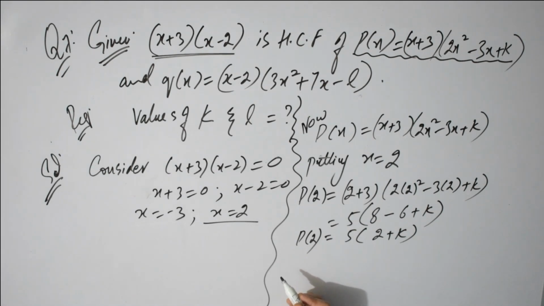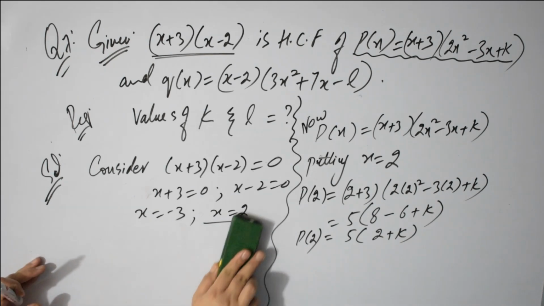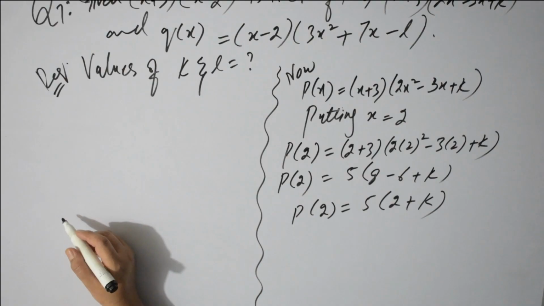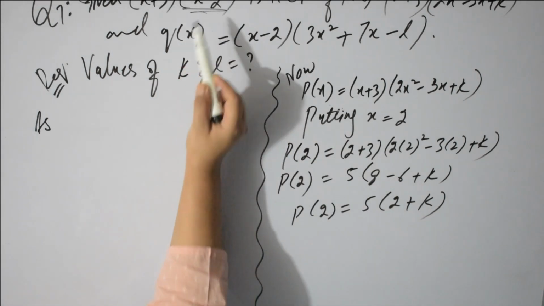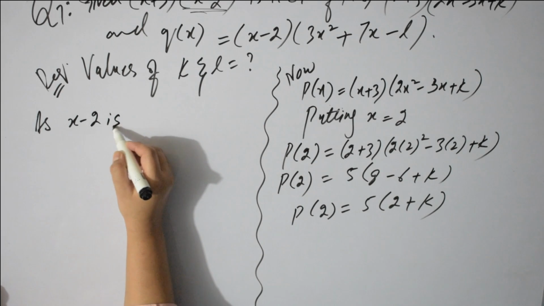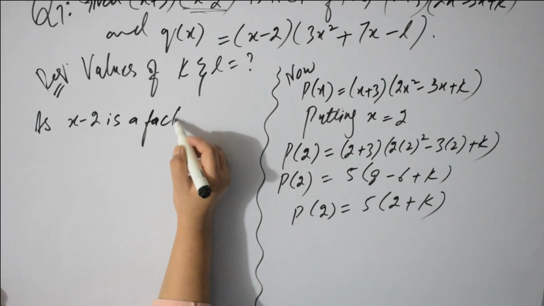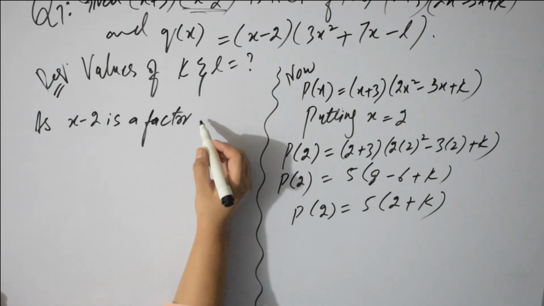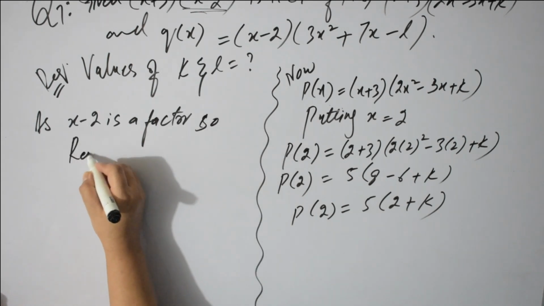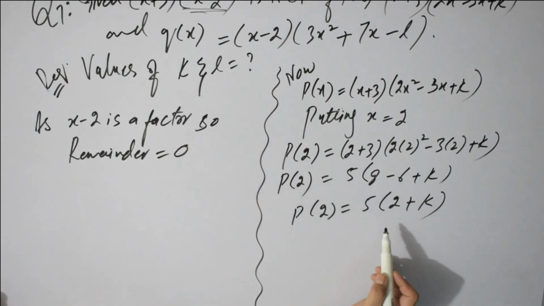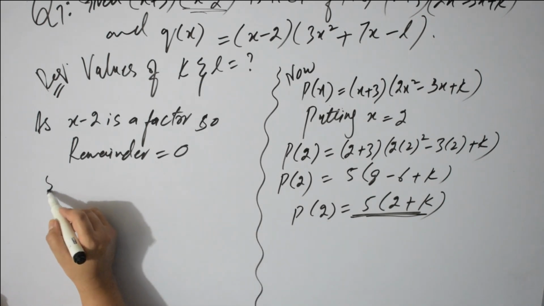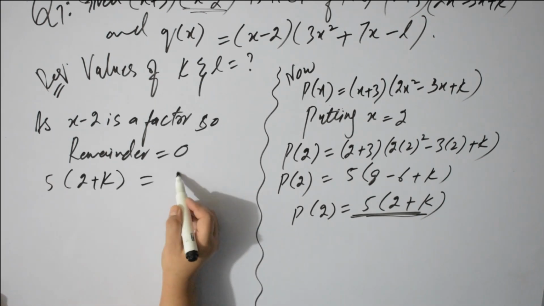As you know, x plus 3 and x minus 2 are factors. So when these are factors, remainder is equal to 0. As x minus 2 is a factor, you know HCF is HCF, so remainder is equal to 0. And this is my remainder: 5 into 2 plus k is equal to 0.